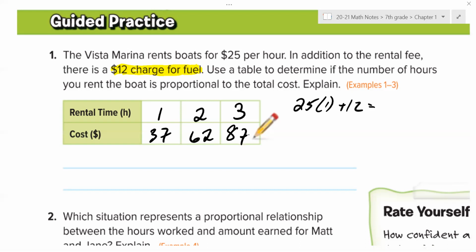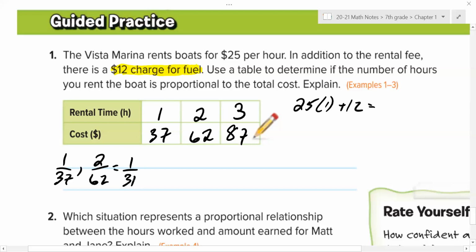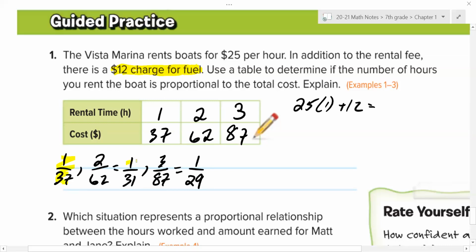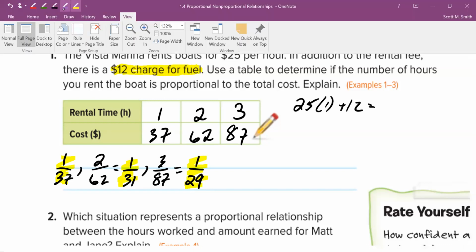Let's find out if they're proportional. 1/37 does not reduce. 2/62 does. It would be 1/31. 3/87 does. That's 1/29. So I have one ratio, another ratio, another ratio.